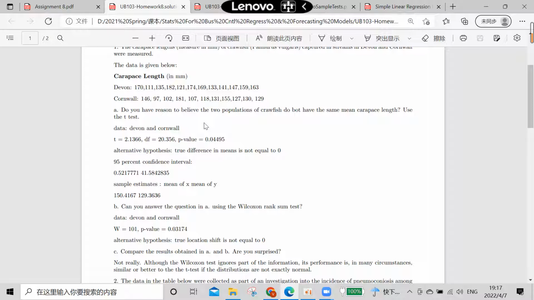Wait, what is a critical value again? Is that the t with the 0.025? Yes, you have your number of observations, which is n, and then you have your alpha, and you go to the table and get a t value. That would be your t critical value.